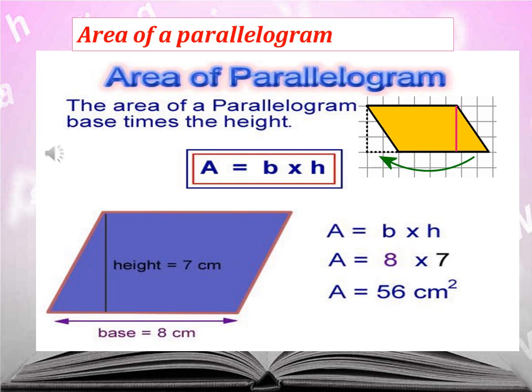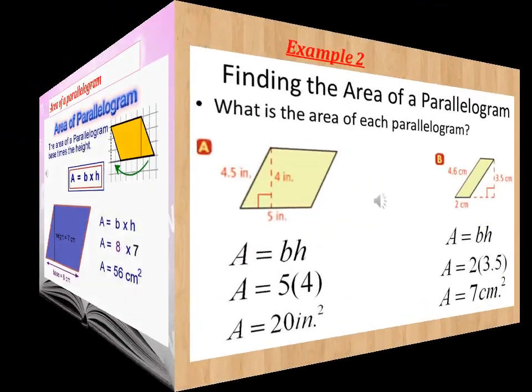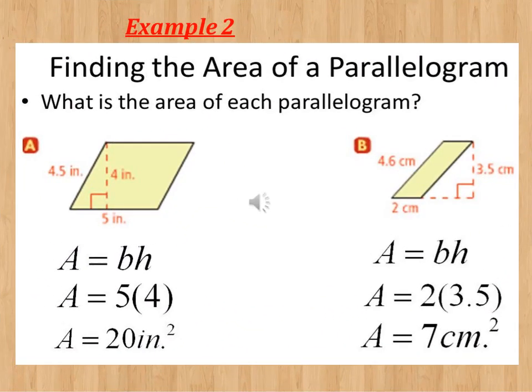But because here we are dealing with a parallelogram, we talk about the height, which in this example is 7, and the base is 8, giving us the area as 56 centimeters squared.